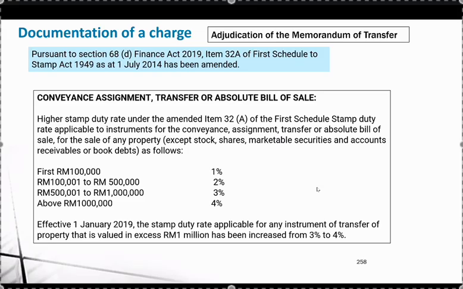Okay, Asmita, I'm going to help you, yeah? Asmita, on the mic real quick. Okay, so your 1% is correct for MOT, yeah? It's first 100,000 is 1%, correct? Because how much is the market value, Asmita?